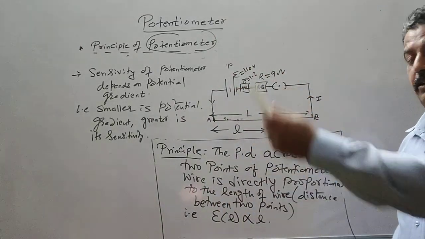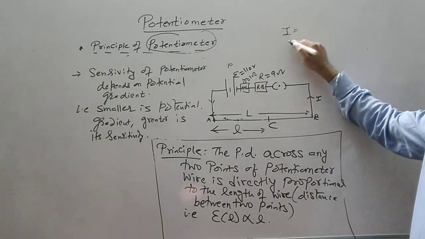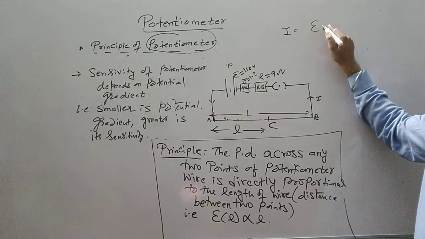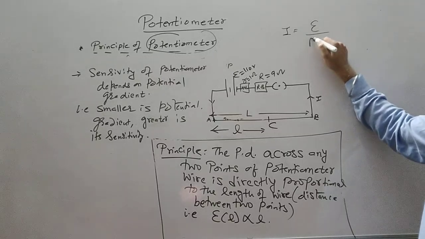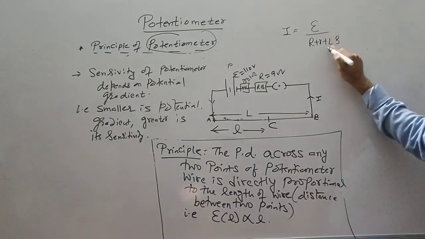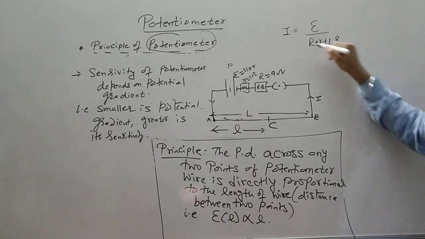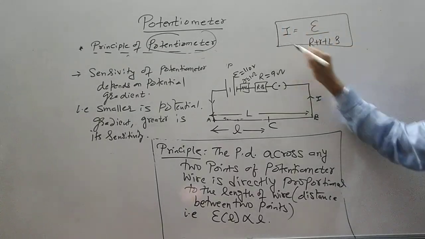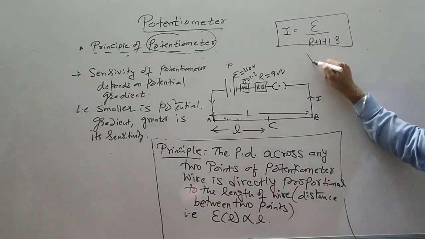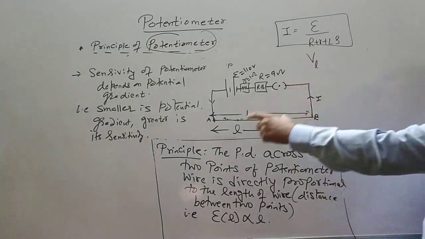So if we recap all this, the current in the potentiometer is given as driver battery EMF upon total resistance, where L is the total length of the wire, rho is the resistance per unit length. If you know this current, you can easily find out the potential difference across any length, say AC.